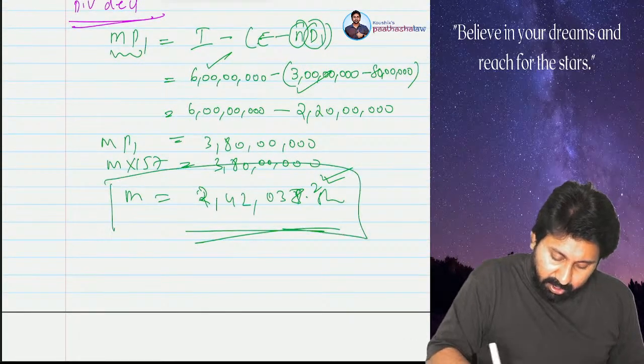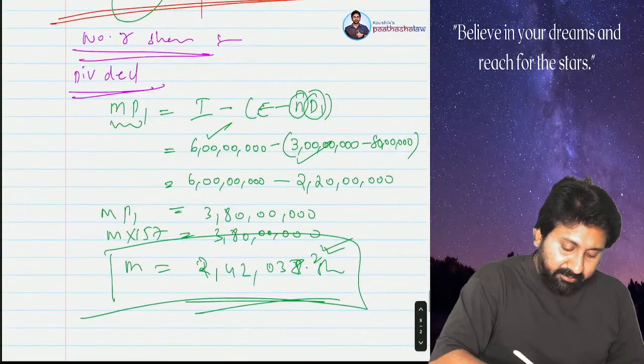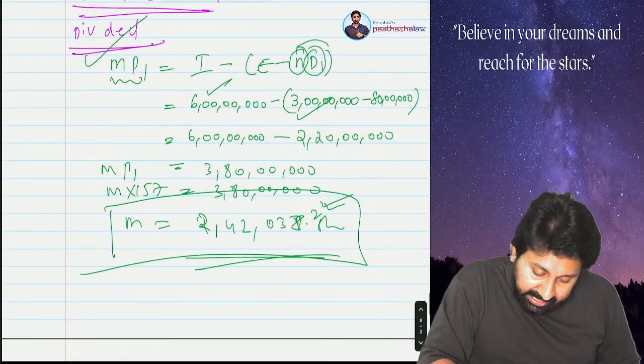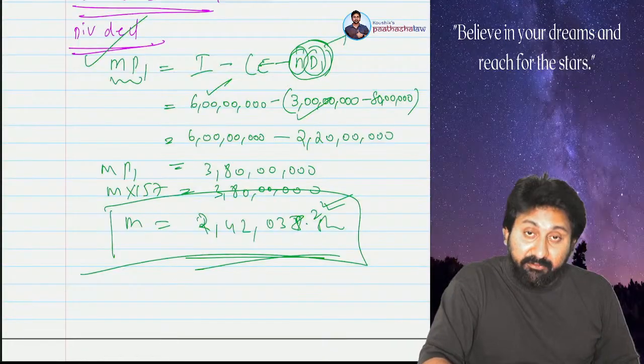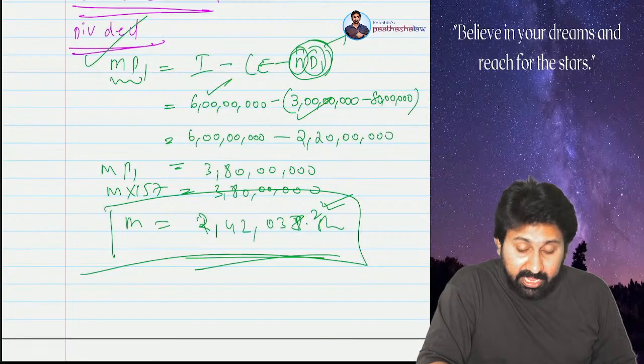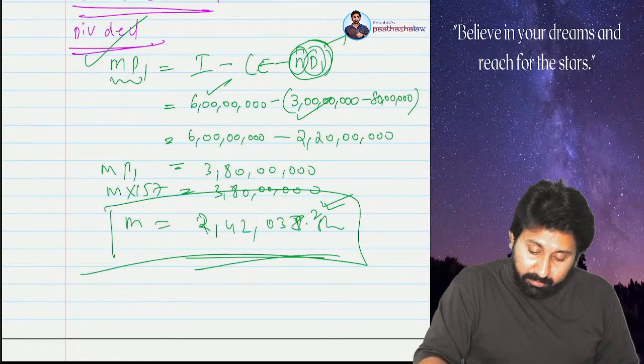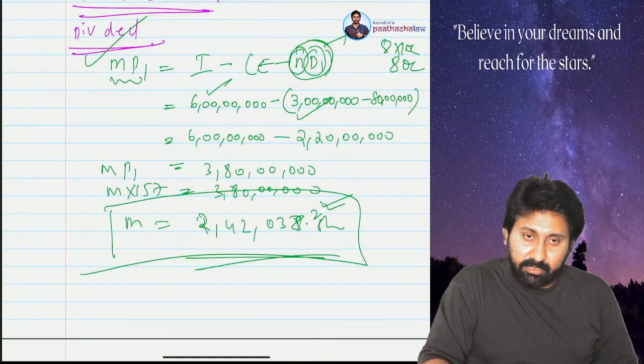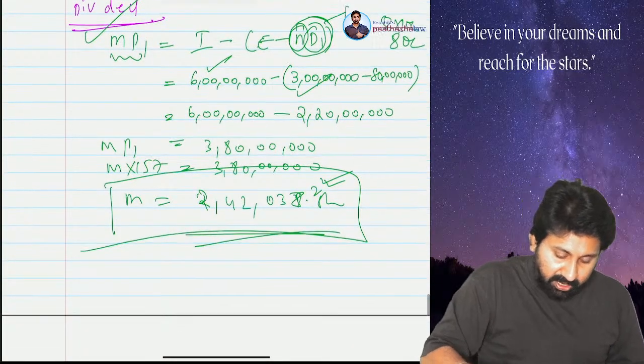This is the number of shares to be issued if the dividend is declared. Take ND1 carefully: N is the number of shares already there, and D1 is the dividend declared, 8 rupees for 10 lakh shares, which comes to 80 lakhs.